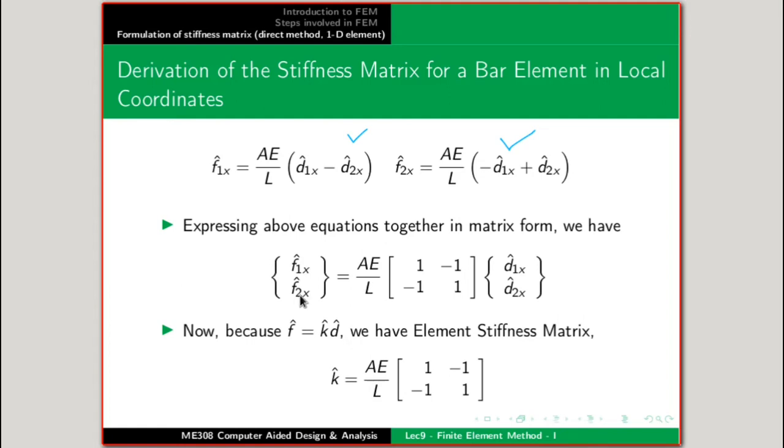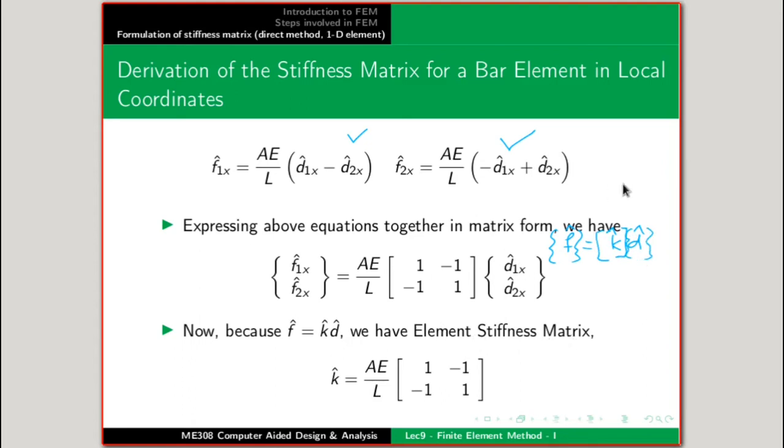So we have F1x, F2x equal to AE by L into the matrix [1 minus 1; minus 1 1] times d1x, d2x. This is the form we have seen earlier, F cap equal to K into D cap, where F cap is a column vector, K is a 2 by 2 matrix, and D is again a displacement vector.